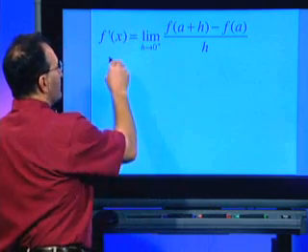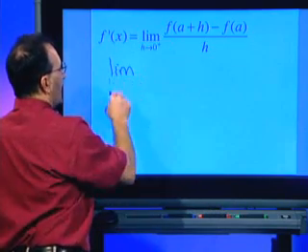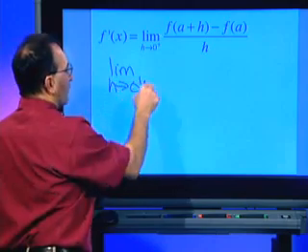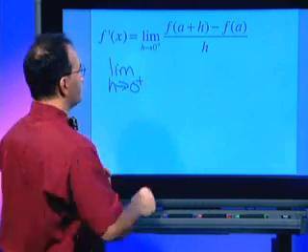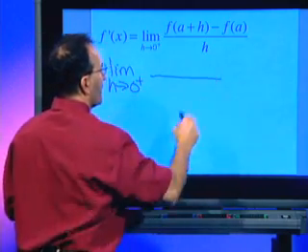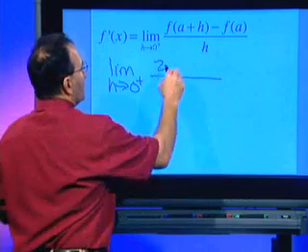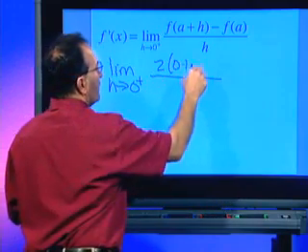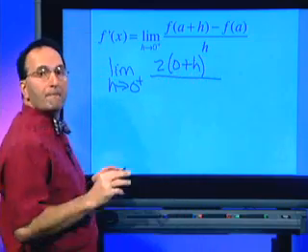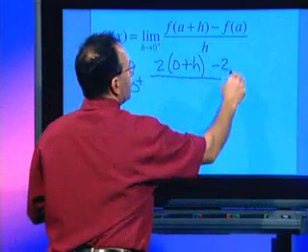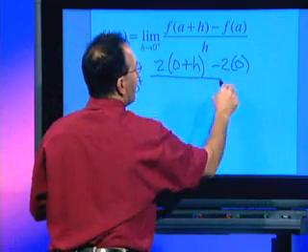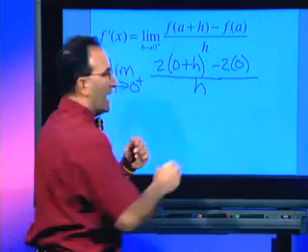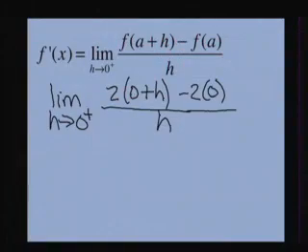So I need to plug in 0 in place of a. What we would have is the limit as h goes to 0 from the positive side of 2 times (0 plus h) minus 2 times 0, all over h. Now let's simplify the top here.